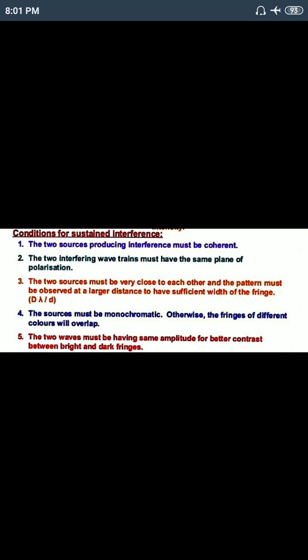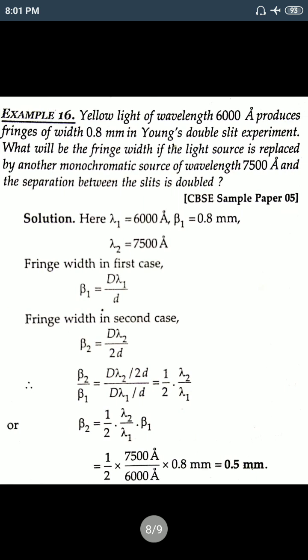The sources should be monochromatic, otherwise the fringes of different colors will overlap. Many conditions are there. The two slits should be narrow, otherwise interference will occur between waves from different parts of the same source and contrast will be poor, so the fringes will be hazy.